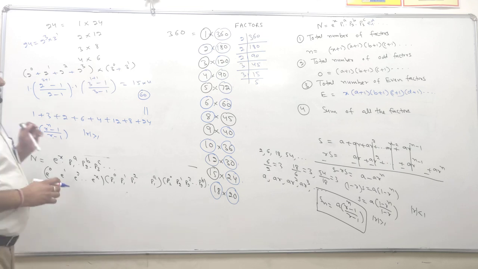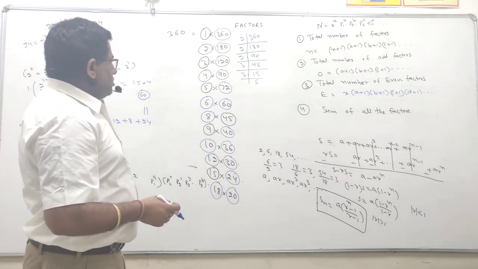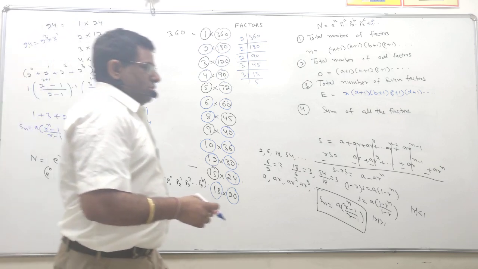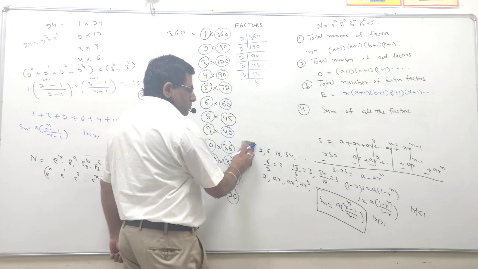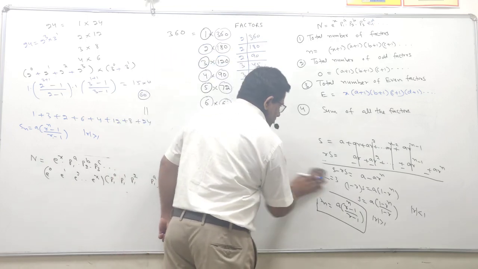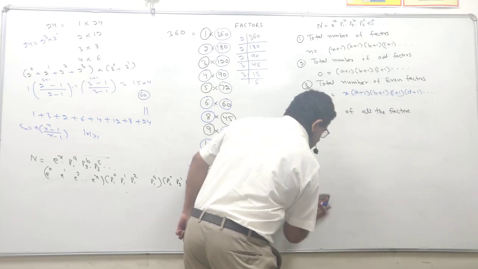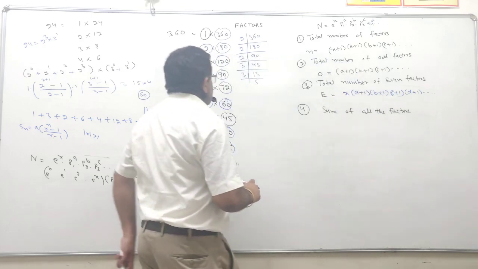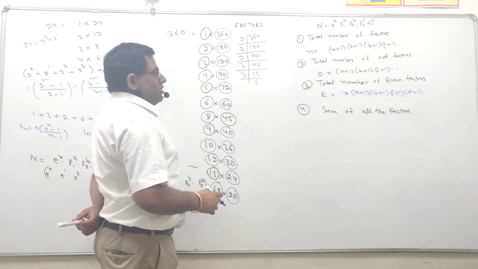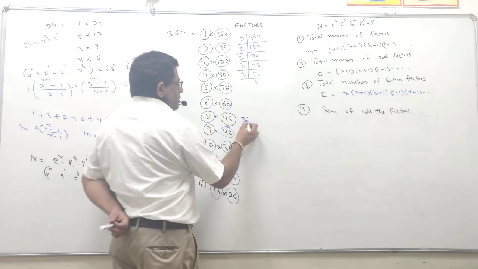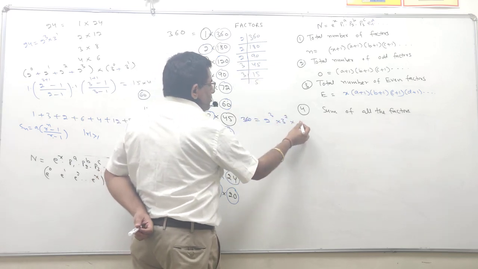In this case as well, if we want to check the sum of all the factors for 360, in case of 360, the prime factorization of 360 is 2 cube into 3 square into 5.